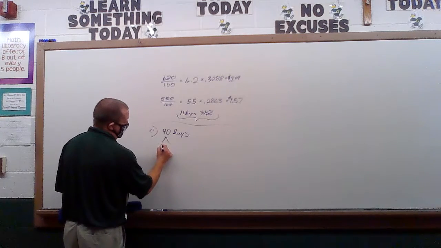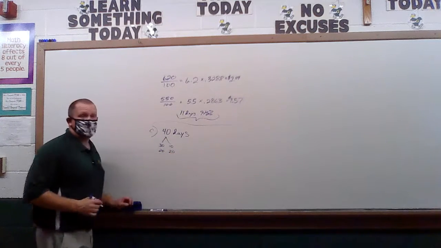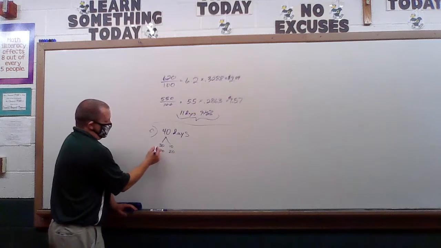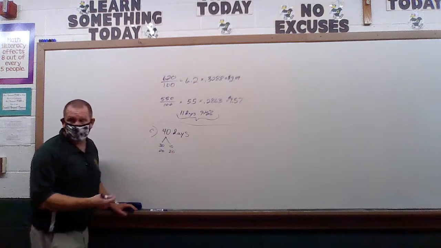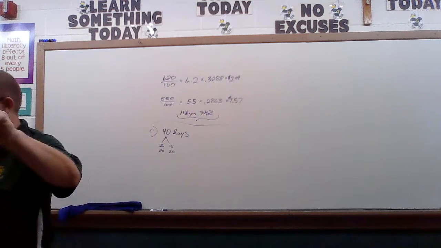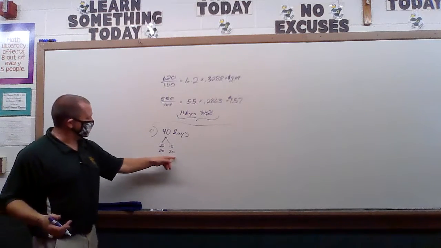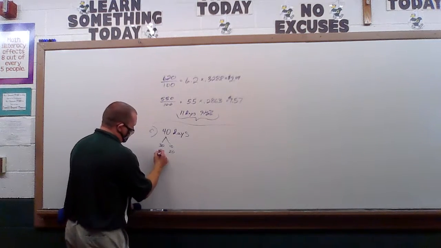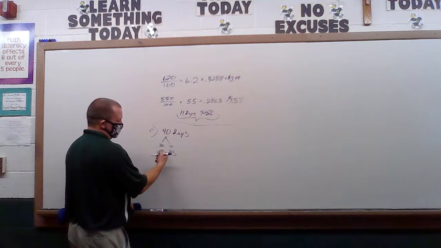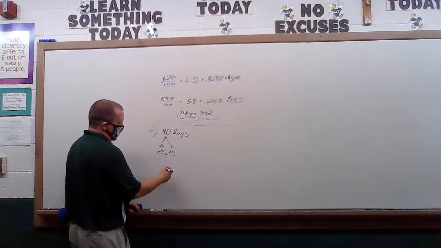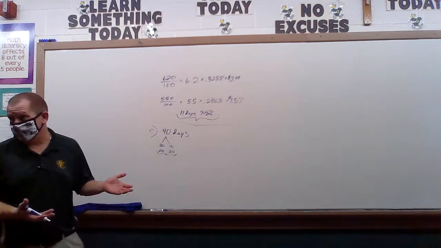I could do 30 and 10. I could do 20 and 20. I don't care. But then I'm going to figure out what the decimal is for each one of those and do the problem basically 2 times and add them together. Or, like in this, because I had 20, I could just figure out what this one is for 20 and whatever percentage they gave me, and then multiply it by 2, right?